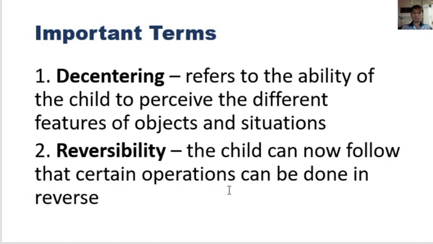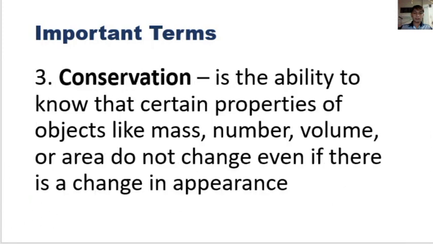When we reverse that equation, we can ask the child, 5 minus 3 is equal to what? So that reversed equation is now understood by the child, and at this stage they can now answer that with number 2.